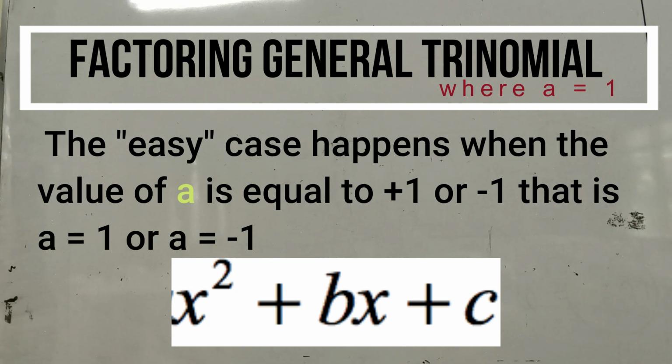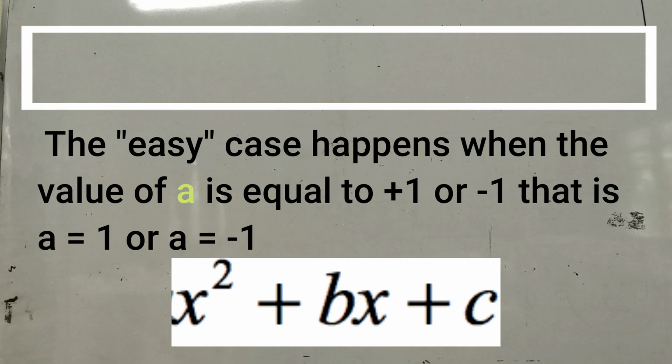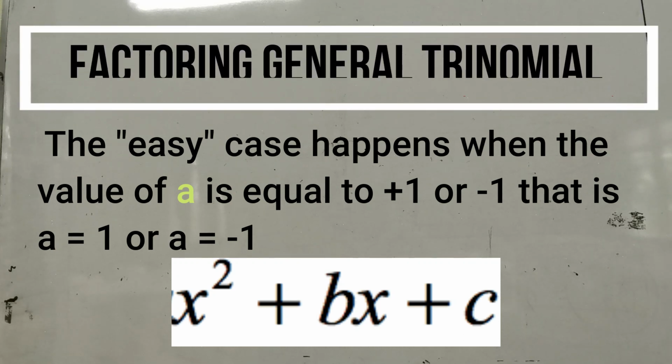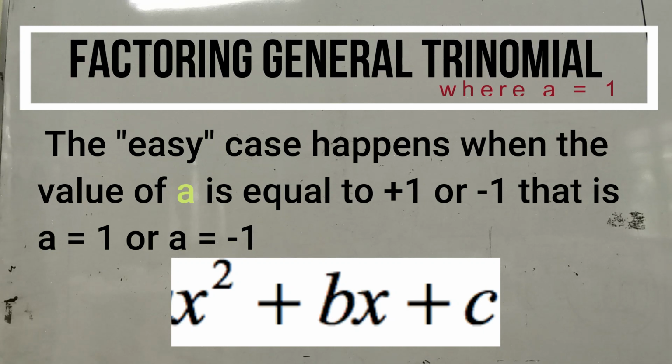Ibig sabihin, masasabi nating easy ang trinomial i-factor when the value of a is equal to positive 1 or negative 1. And that is given as a is equal to 1 or a is equal to negative 1. Or simply, pwede na lang natin siyang i-represent as x squared plus bx plus c.